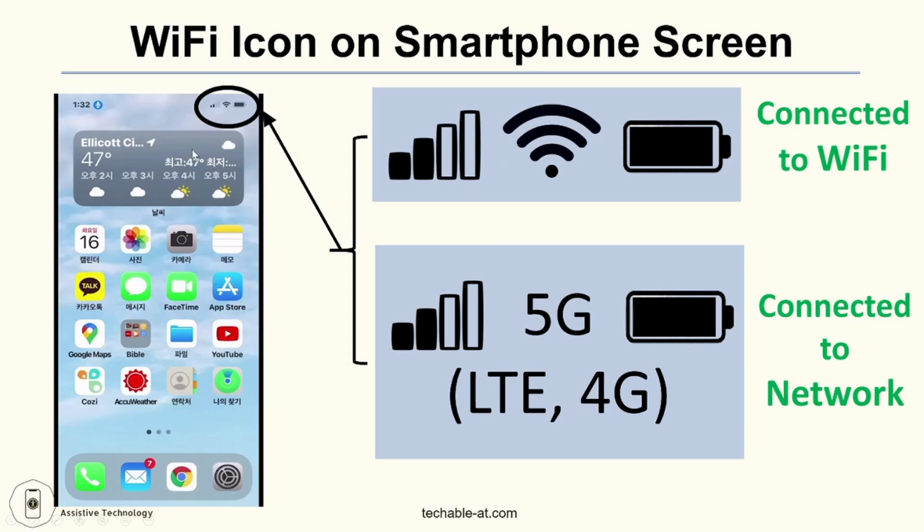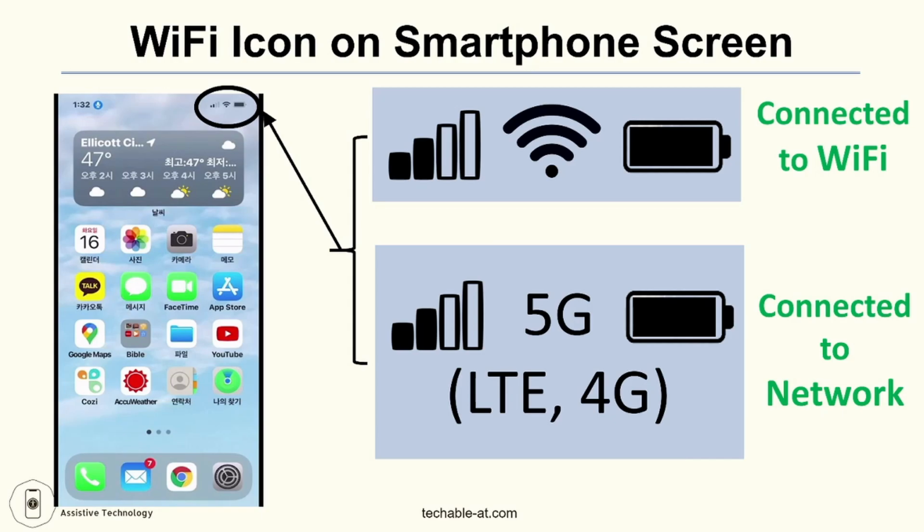As I mentioned earlier, these vertical bars show how strong the connection is between your phone and your mobile carrier network. And depending on which icon you see next to these vertical bars, you can tell if your smartphone is connected to the mobile carrier network or to a router, to a Wi-Fi.